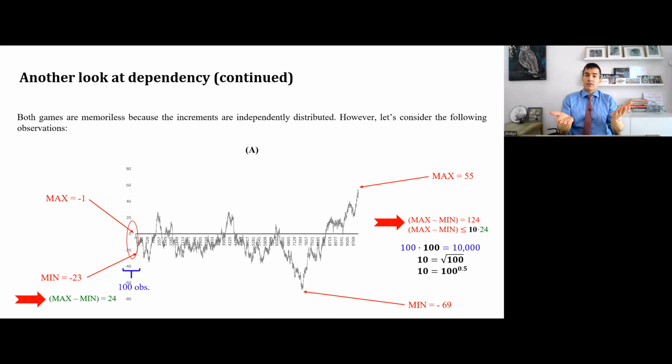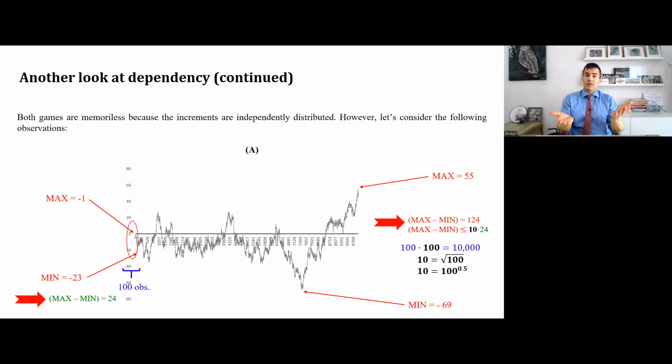And next, we can take another example here. Again, this is the same game, but it's a random game, obviously, so the outcome is random. So here, if you consider the first 100 observations, the maximum is 1 and the minimum is 16. So the range between maximum and minimum is 17. If you consider the whole game, all 10,000 observations, the maximum is 66, the minimum is minus 49.